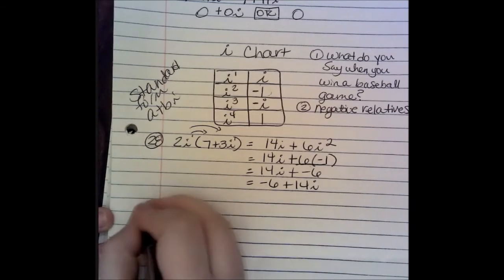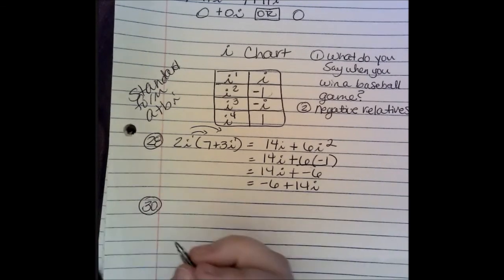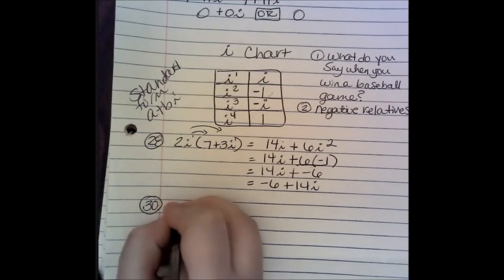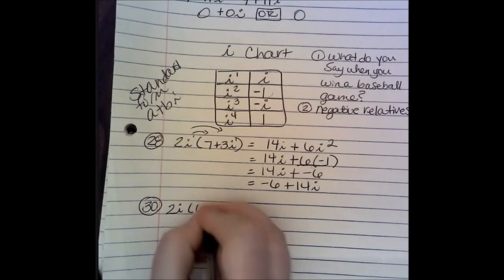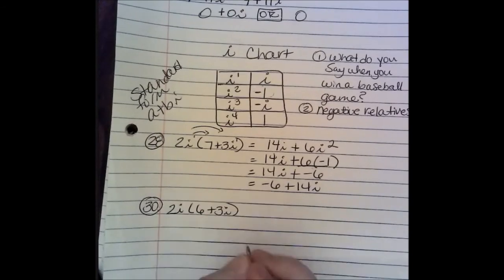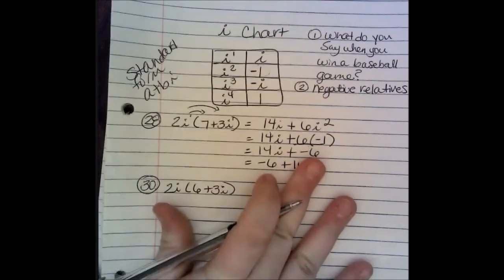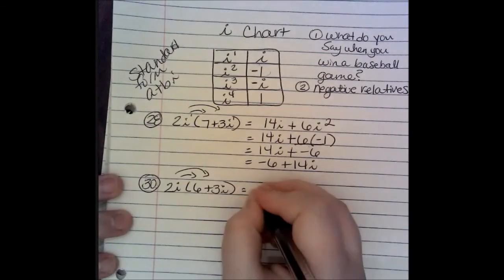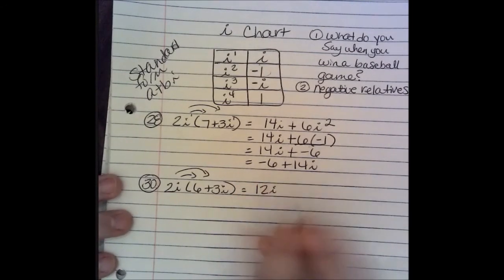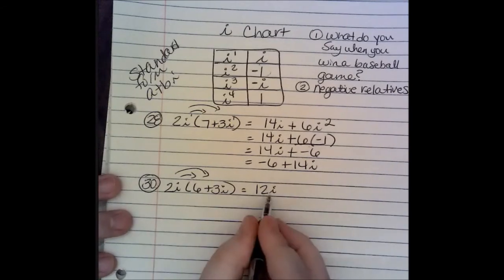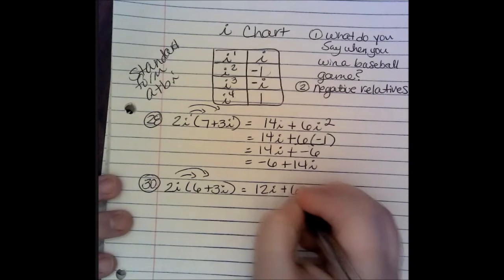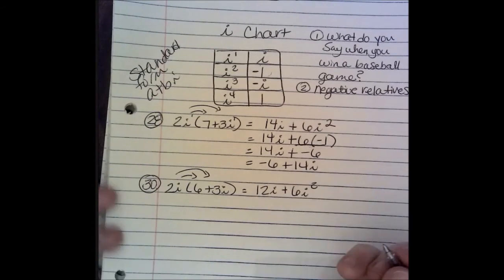So let's look at number 30. We have 2i times 6 plus 3i. So again, we're going to distribute. So that gives us 12i, because 2i times 6 is 12i. And then 2i times 3i is going to give us 6i squared.